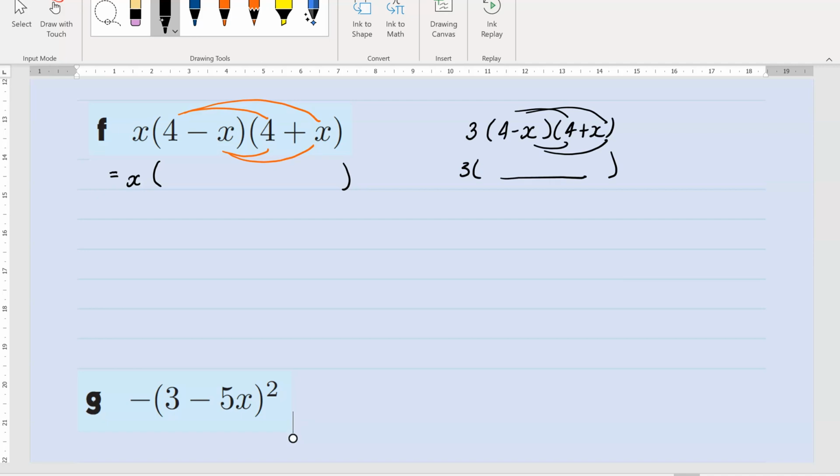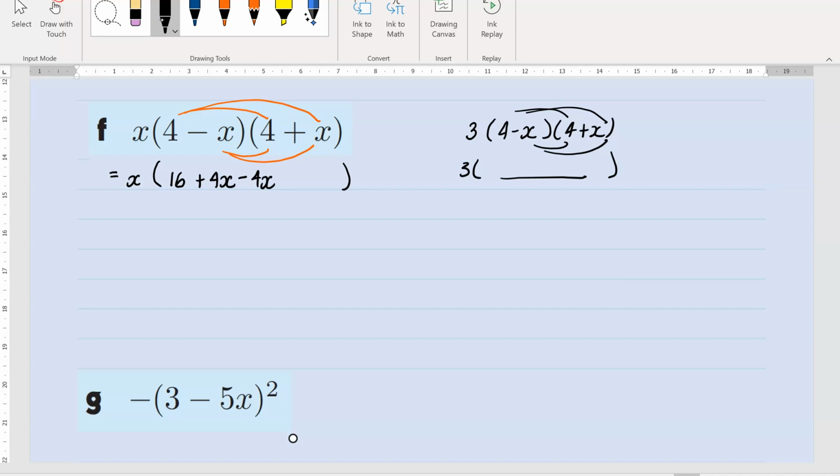Okay? This is a special type of expansion, and if you recognize it, you can do the shortcut. If you don't, your FOIL system will work the same. So we go 4 times 4 is 16. 4 times plus x, that's a plus 4x. Now we've got minus times a positive is a minus, and x times 4 is 4x.